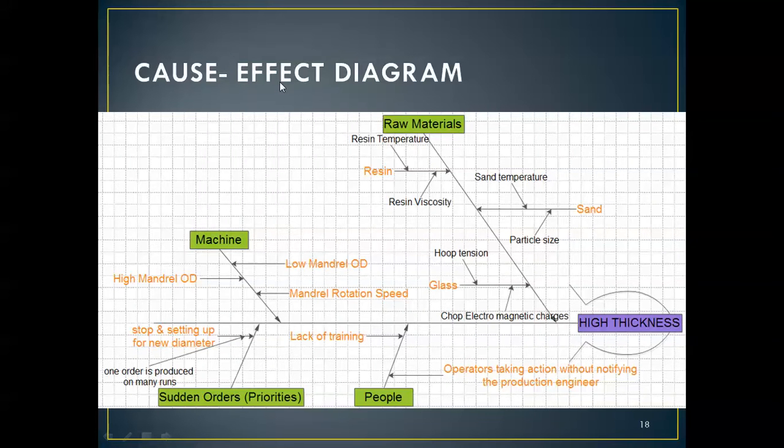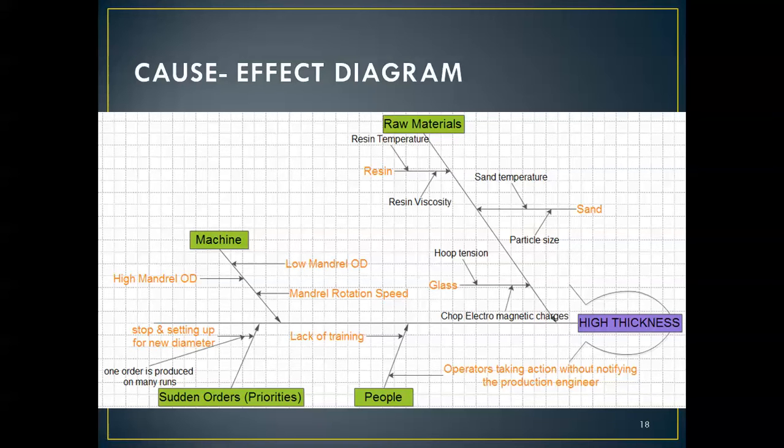So this is the proposed cause-effect diagram for this case. The main problem is the high thickness, and the categories are raw materials, the machine, the sudden orders and priorities, and the people themselves. So for raw materials, for resin, the resin temperature is a factor, the resin viscosity is also a factor.